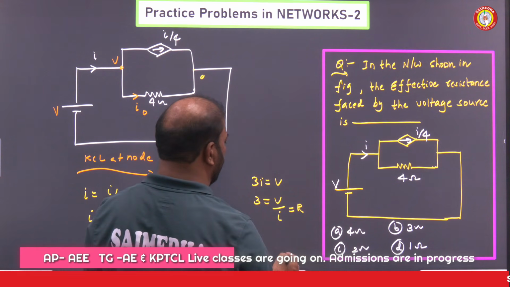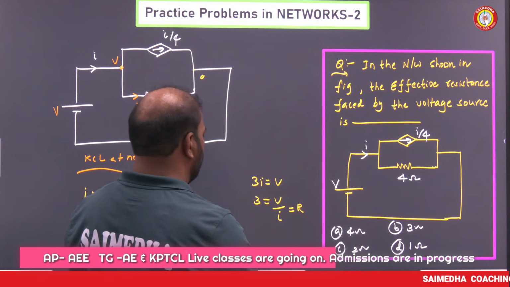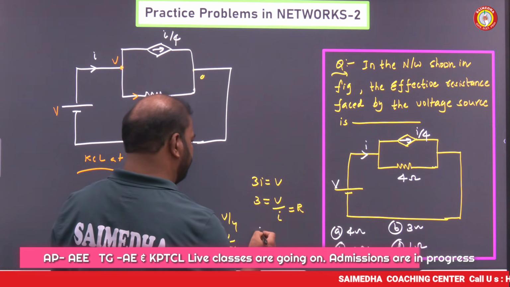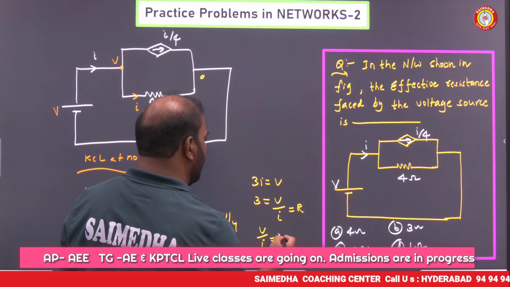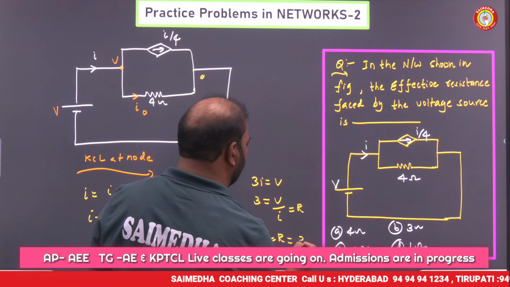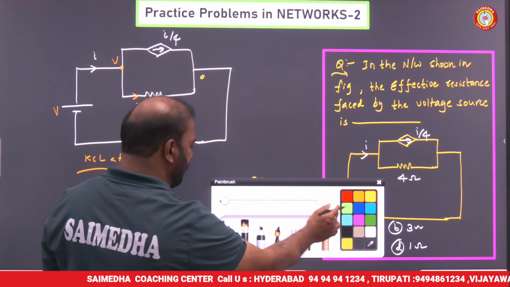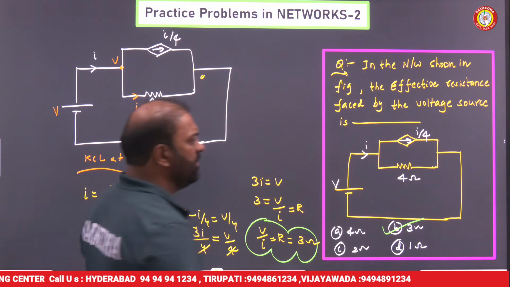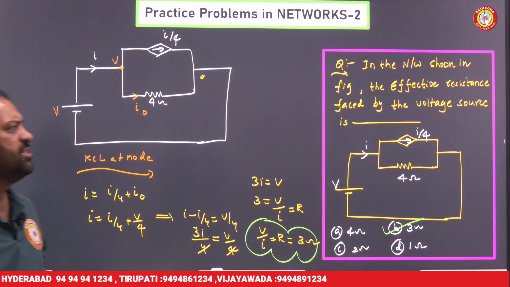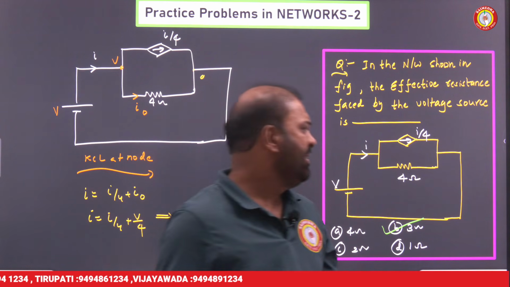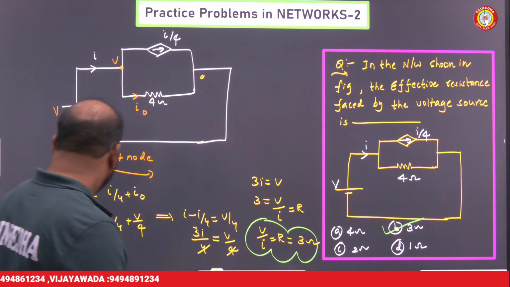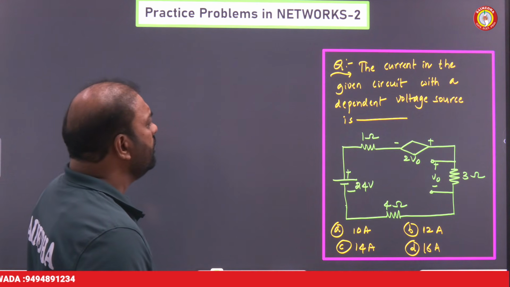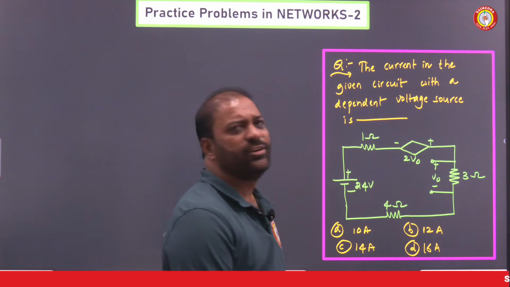So the resistance seen by the voltage source is clearly 3 ohms. The value here is 3 ohms. The resistance faced by the voltage source is clearly 3 ohms.